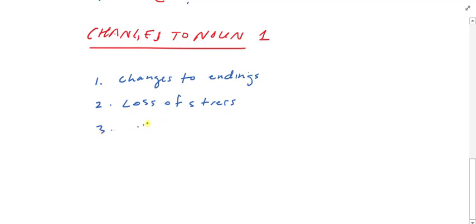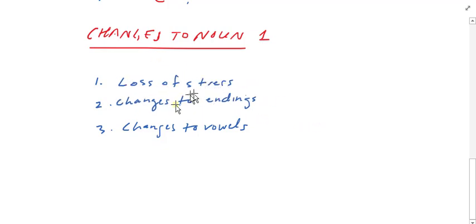And thirdly, you could have, because of the loss of stress, changes to vowels. Okay? And we could probably put this in the other order. We probably put loss of stress first. Okay, so that's the right order. So loss of stress, changes to the endings, and this is, if applicable, we're going to see what some of the ending changes are. And then changes to vowels, again, if vowel changes can happen.